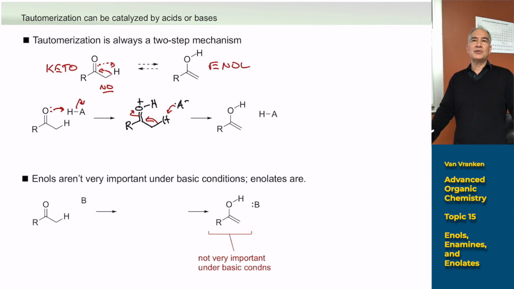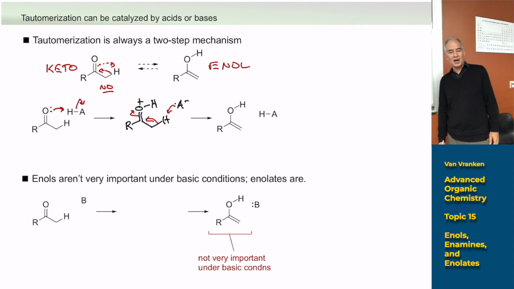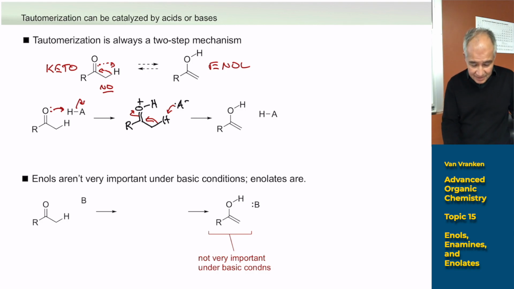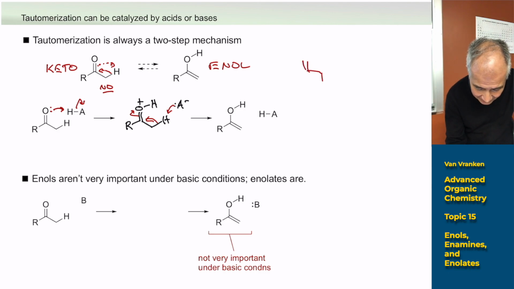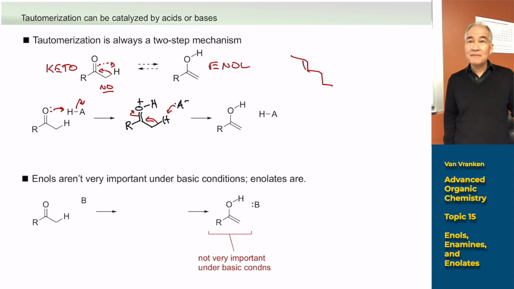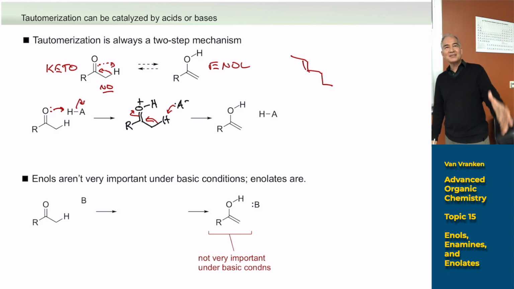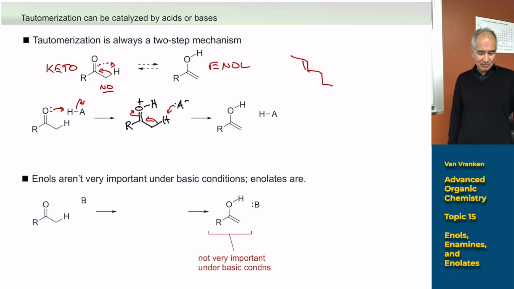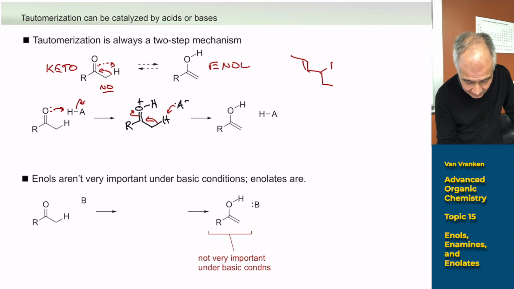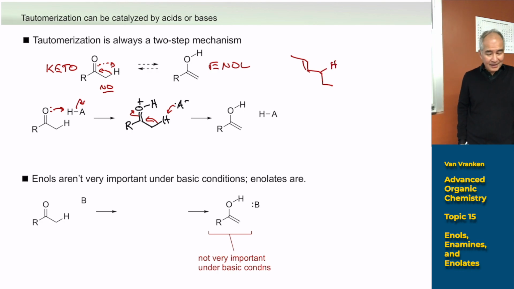It is impossible to do that in a concerted fashion through a pericyclic reaction as a one-step process. Simple alkenes can't do that. If you take a long alkene like this, the H's don't shift around and tautomerize. There's no plausible one-step process. So moving this H to the other end of the double bond is not a one-step process ever.